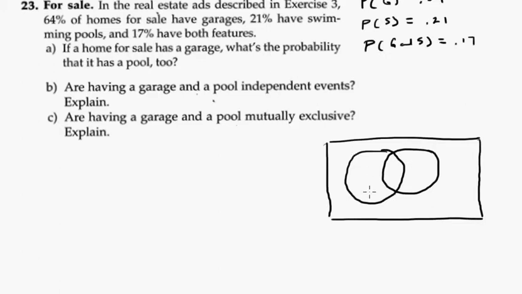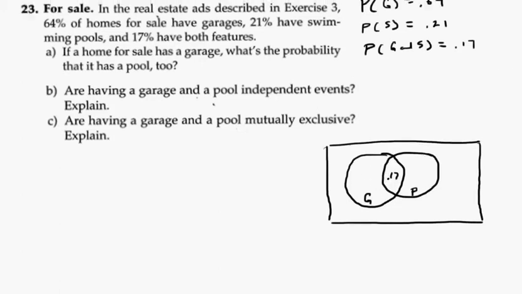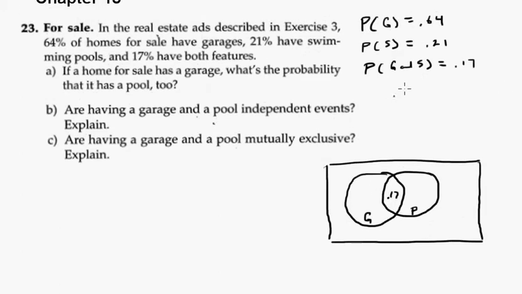So if we have garage and we have pool, then in the middle is 0.17. Okay, so we can't count twice, so we have to do 0.64 minus 0.17, which is going to be 0.47.